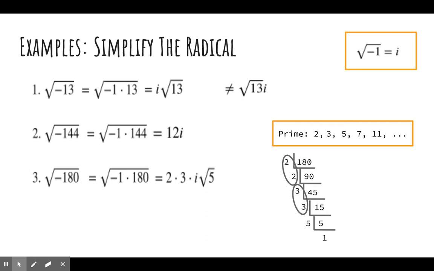Also the i all gets to come outside of the radical, and the 5 stays inside. Of course, we can simplify by multiplying 2 times 3. We have 6i, and then the square root of 5. Remember, the i needs to go after that coefficient of the 6, but before the radical, so it's not mistaken to be inside the radical.